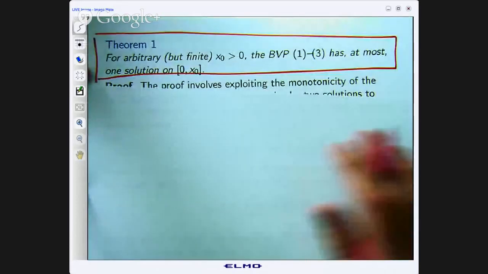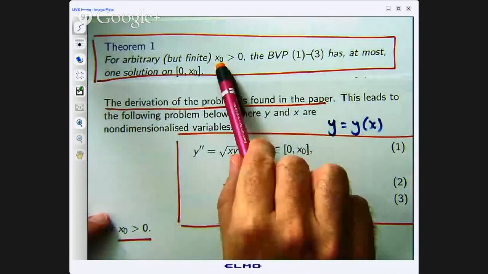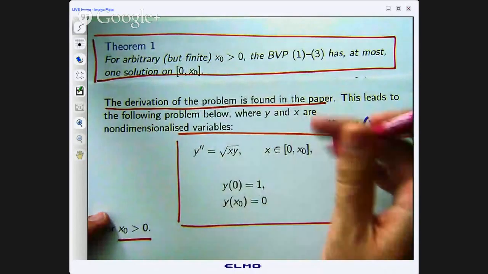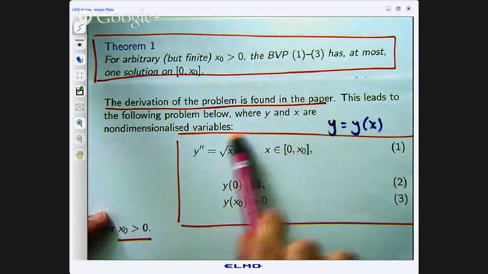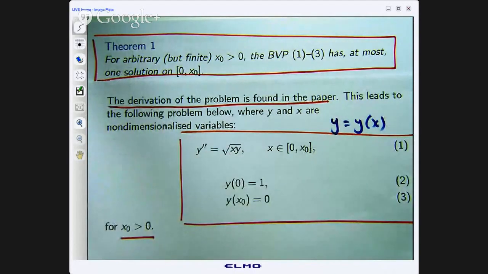So the problem that we're looking at, let's say x naught is positive, for arbitrary but finite positive x naught, the BVP, or boundary value problem, 1 through 3, has at most one solution on this interval. So just once again, this means that the problem has either one solution or no solution at all.